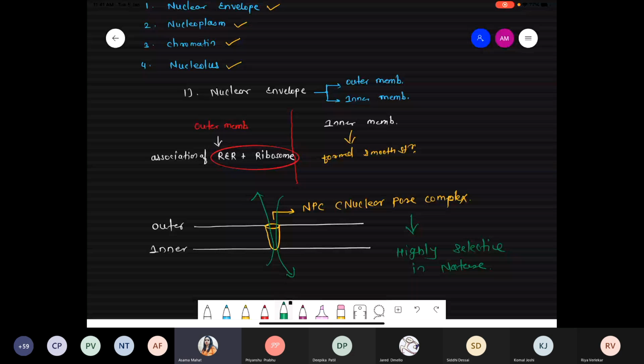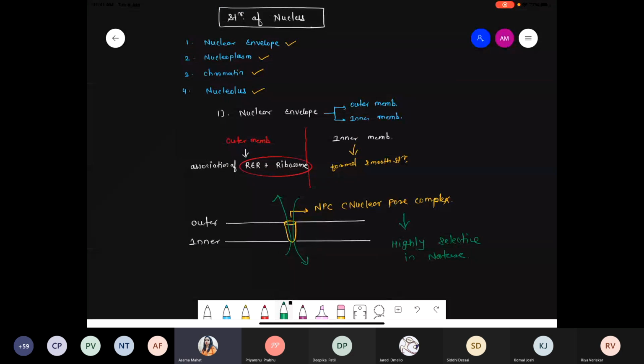Komal, finally both look the same, no? Who? You and me? Who looks the same? Okay.